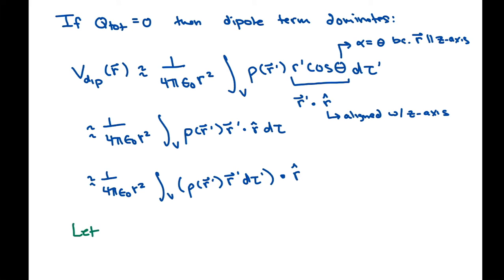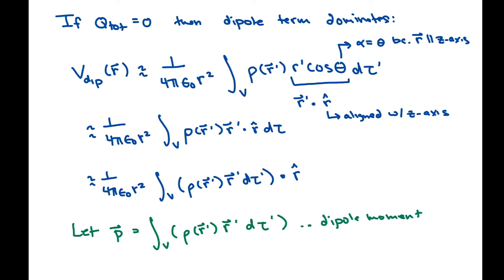And now I'm going to let the dipole moment be equal to the good stuff in that integral. So that is the dipole moment, which we use p for. And it's still a vector because we still have a vector quantity within our integral.